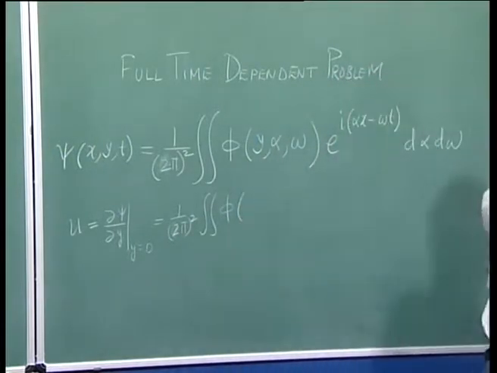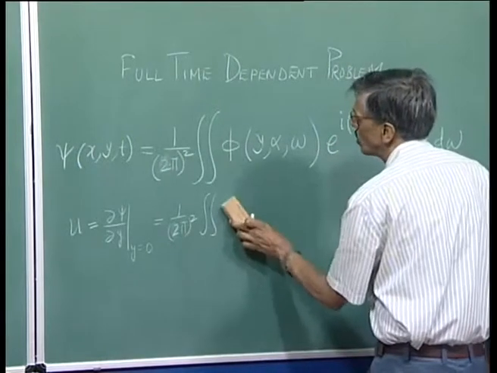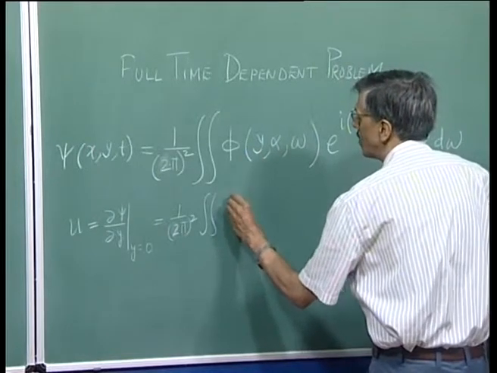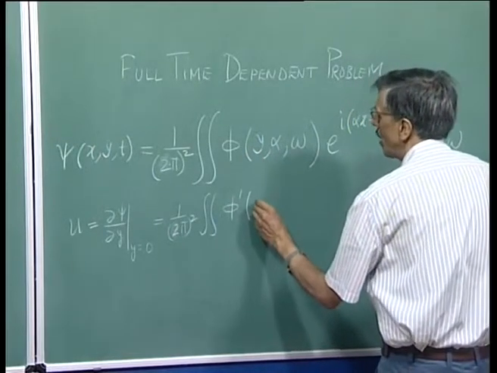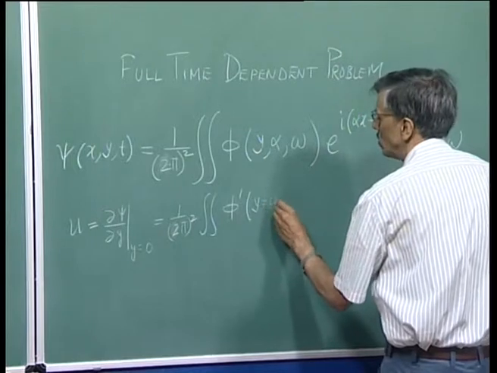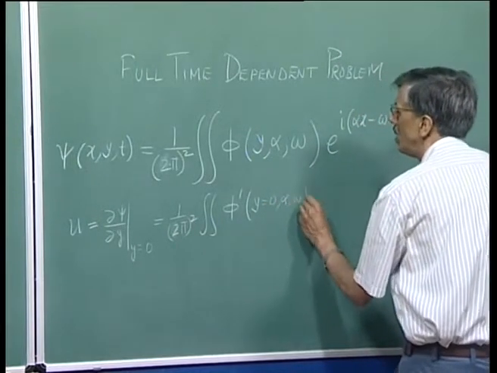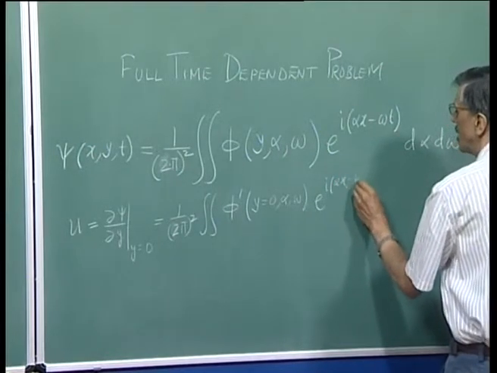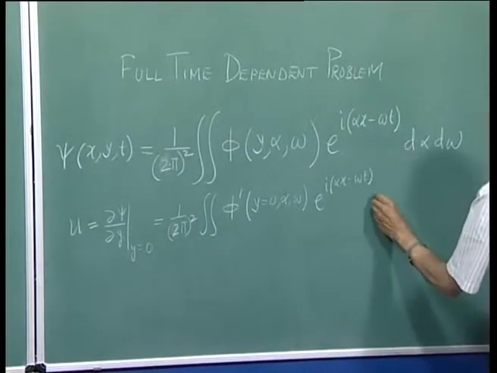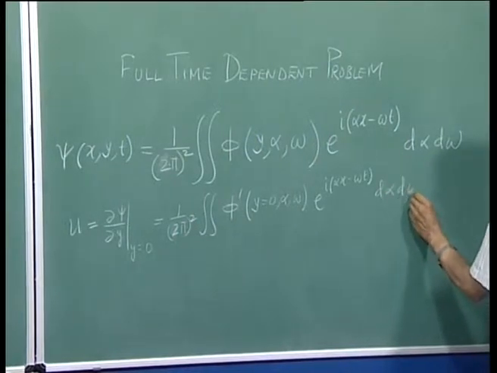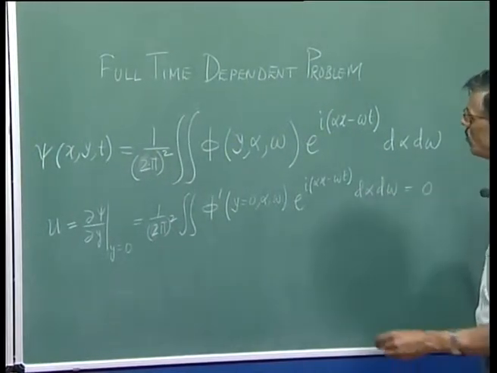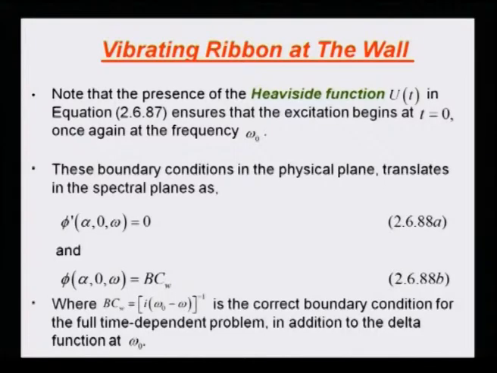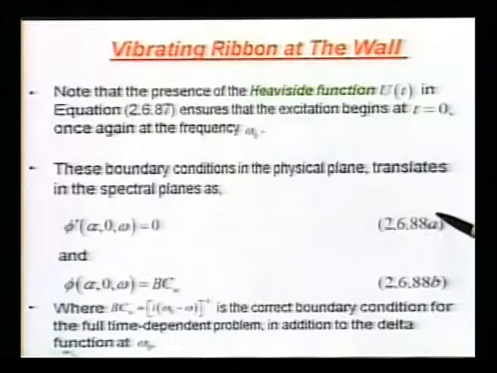We are differentiating with respect to y, so the y dependence only comes through phi. This becomes phi prime at y equal to 0, alpha and omega, times e to the power i alpha x minus omega t, d alpha d omega. If u is equal to 0, then we must have this equal to 0. That is what equation 88A represents.